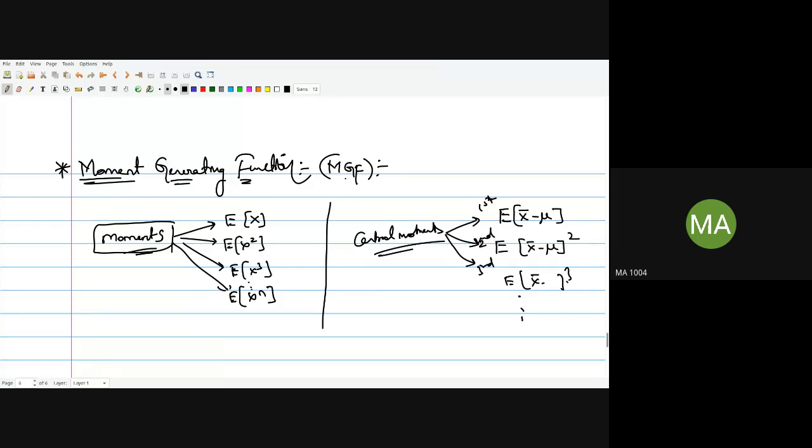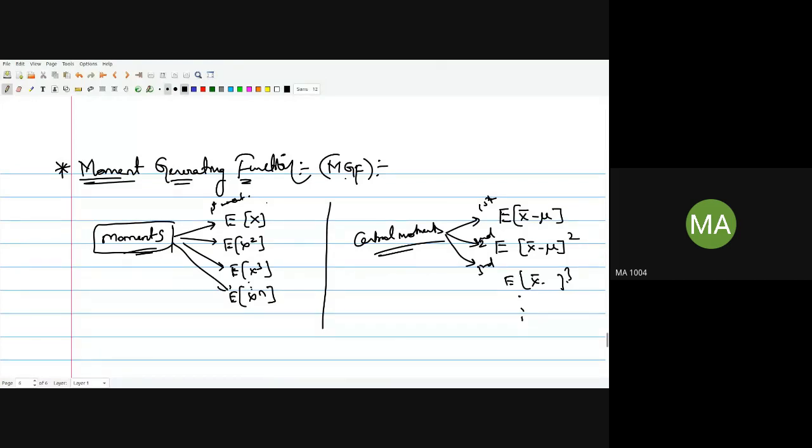So what are these moments? The first moment is the mean, which tells how my distribution is distributed, what the possible values x can take. Second moment is, if I look at the squares of the possible outcomes, what the expected value is.